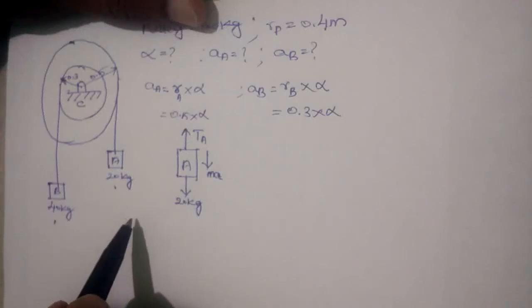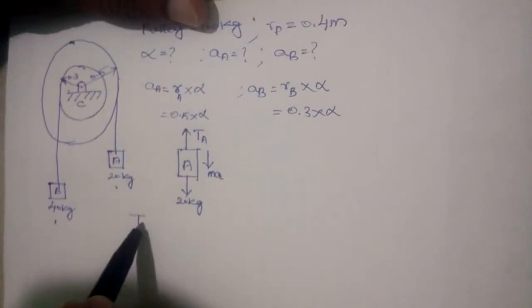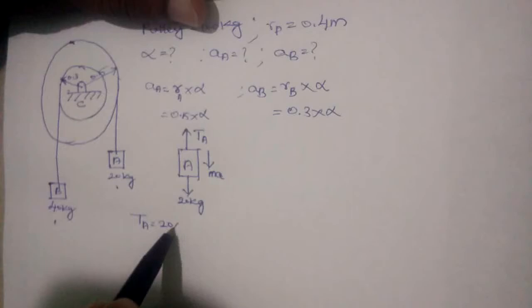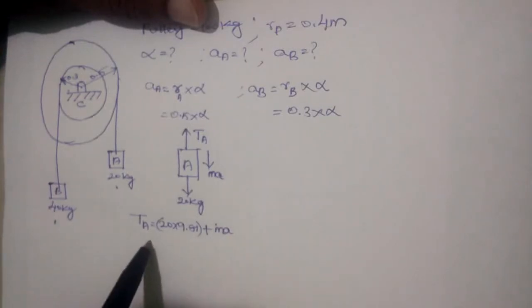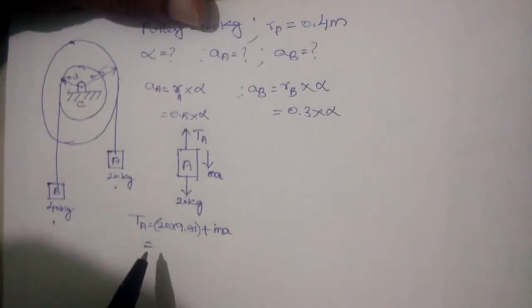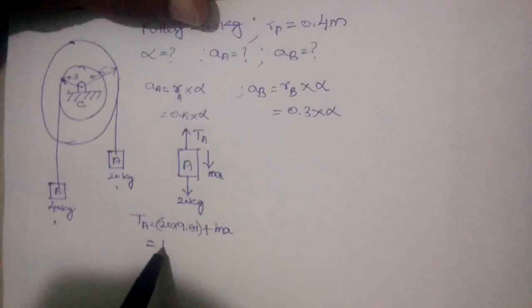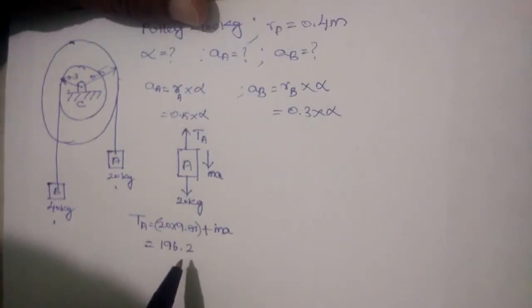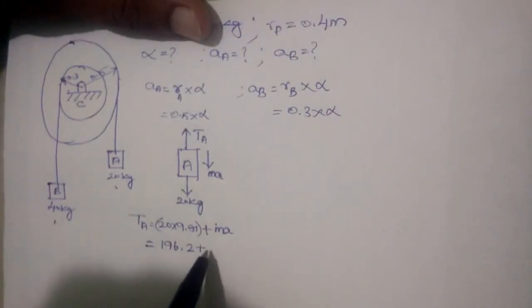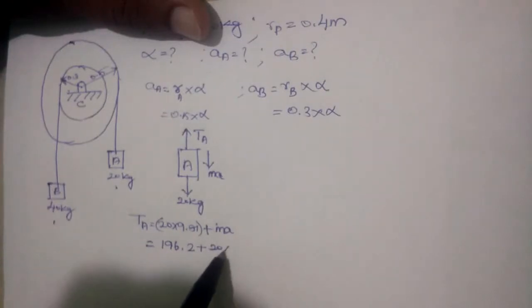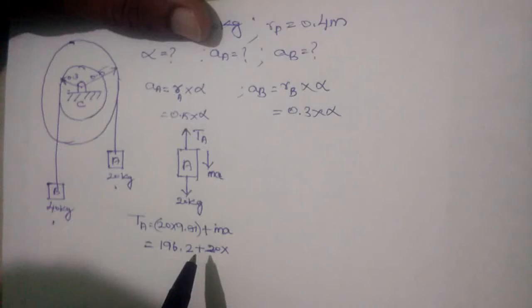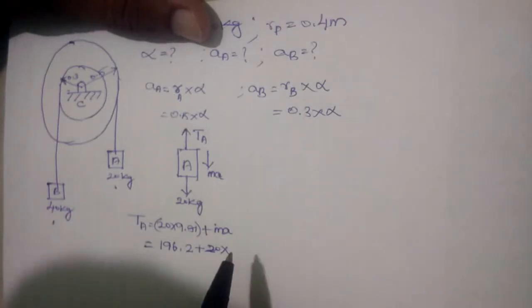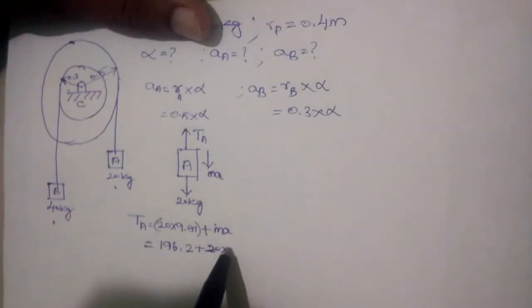Now TA is equal to 20 into 9.81 plus mass into acceleration, which is 196.2 plus mass 20 into linear acceleration.